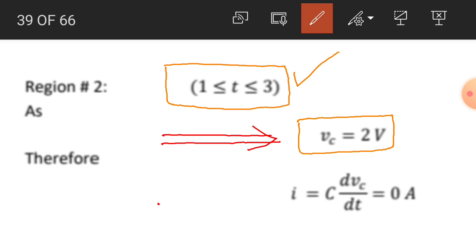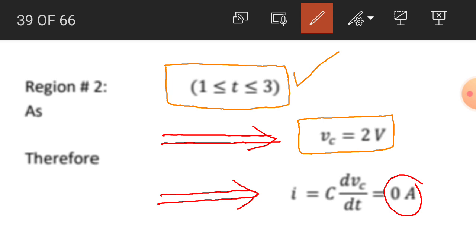We calculate the current with the help of this derivative. The current in region number 2 will be equal to C dVc by dt. So the derivative of the constant voltage is 0. So there will be 0 ampere in the capacitor in region number 2.